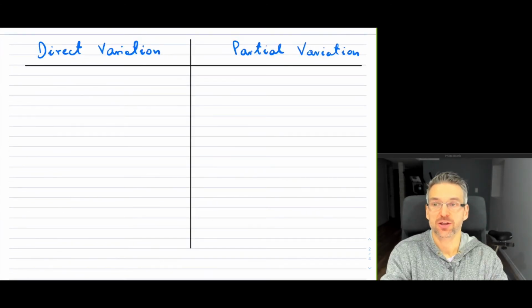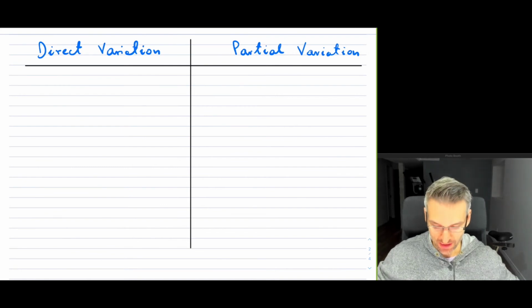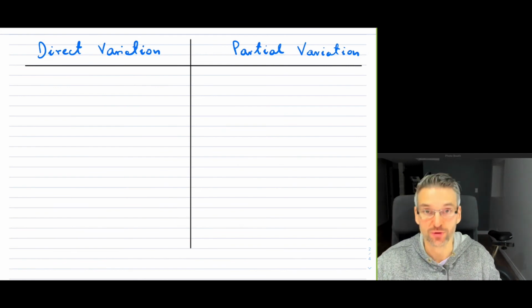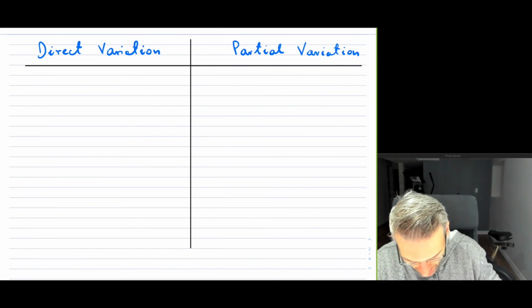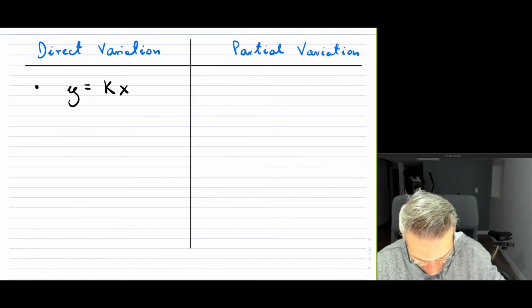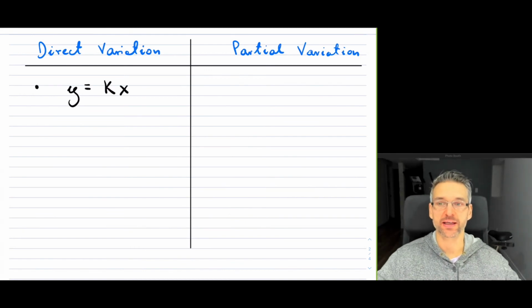So now let's take a look at the difference between a direct and a partial variation. Just quickly go over it. Remember that your direct variation, or direct proportion, is going to look of the nature y is equal to some scaling factor multiplied by your input.